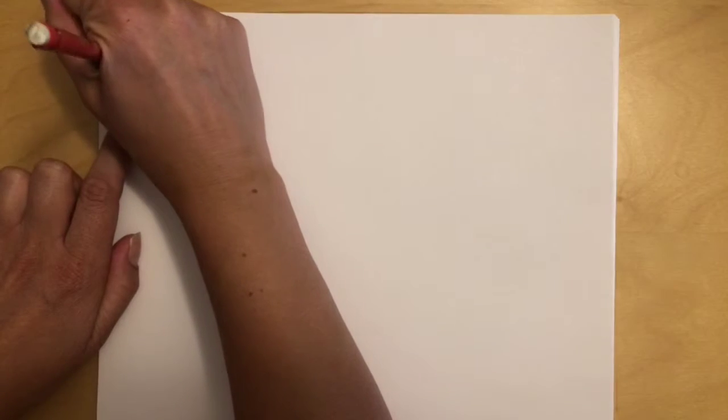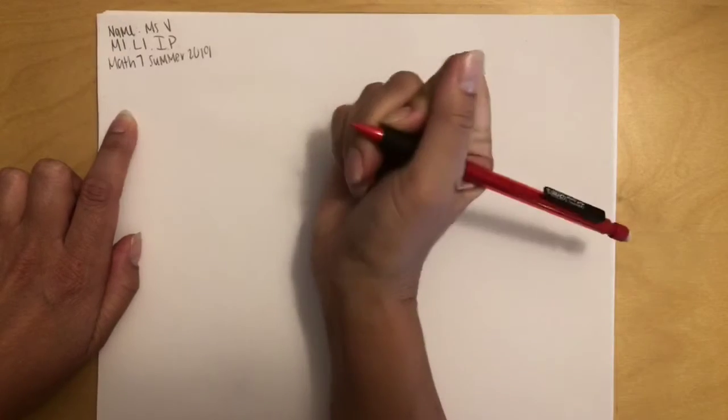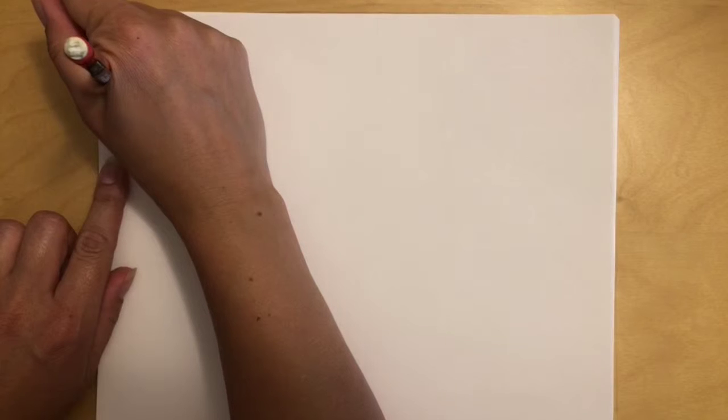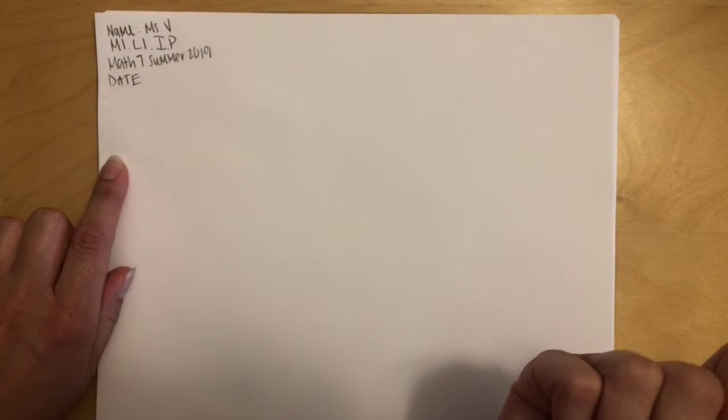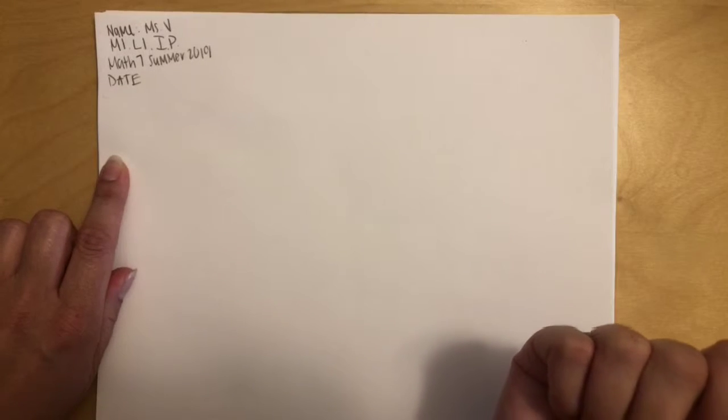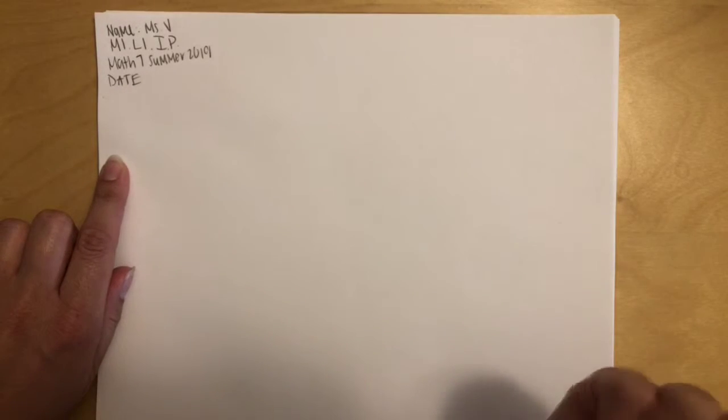Technically, we should also have Math 7 Summer 2019 and today's date, whatever that would be for you. But that's getting really specific, and honestly, I'm just going to accept your work, but please include your name. Okay, and this is the main stuff you need, these two things.